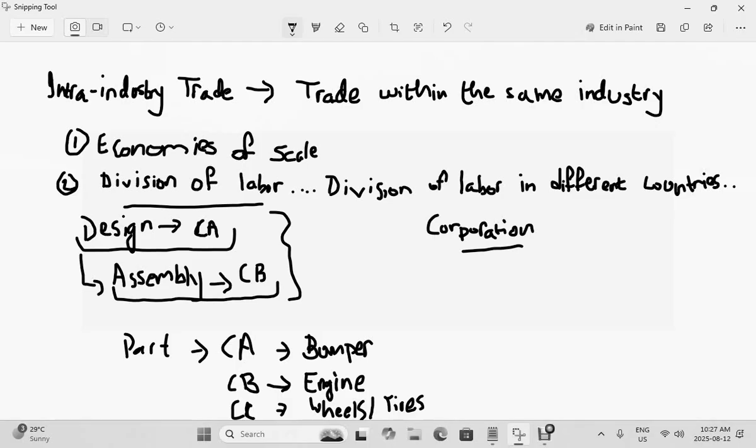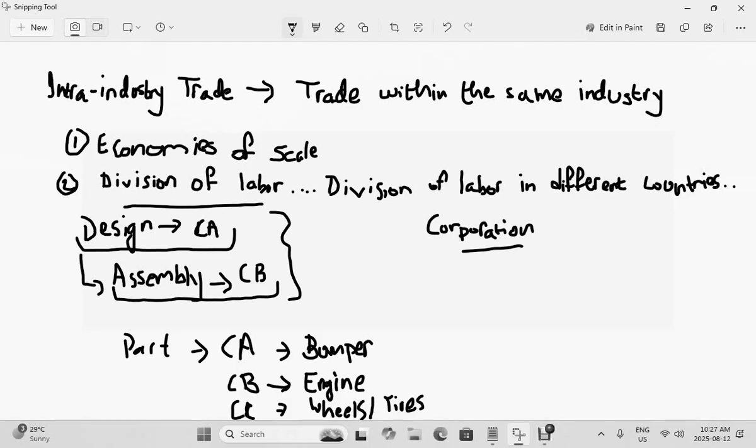As a result of which, the corporation will go ahead and divide the workforce in different countries. Now, when they do this, they will import and export parts between these countries. So, say for example, if you have manufacturers in the U.S., they might have assembly plants in Mexico and Canada.